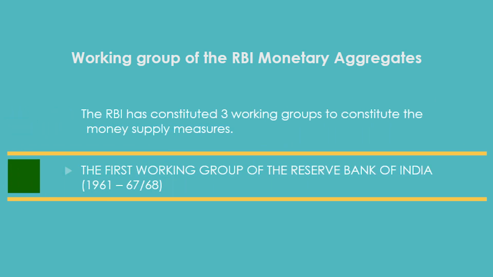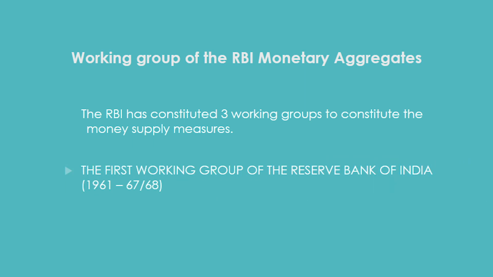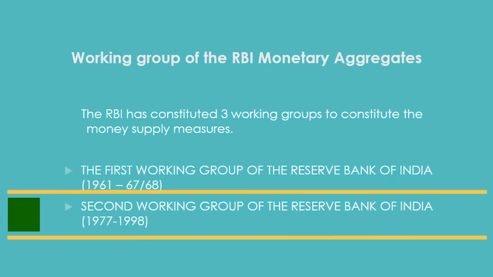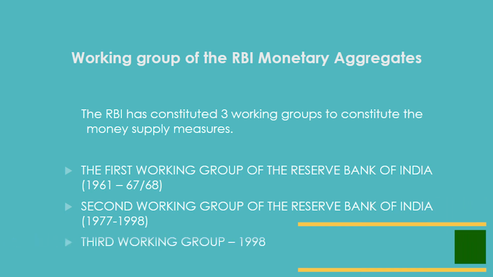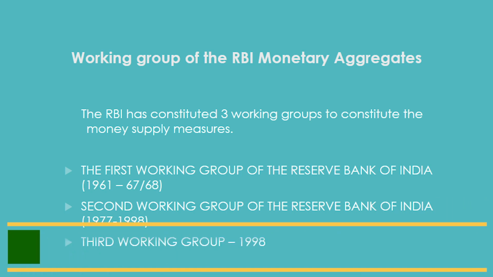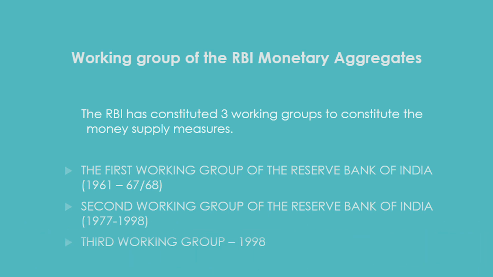The first working group was operational from 1961 to 1967-68. The second working group was operational from 1977 to 1998, while the third working group, which was the most important one, came into being in 1998.